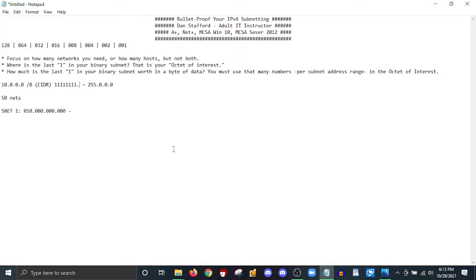So what we're going to do is add ones to the subnet mask one at a time. And every time I add another one to the subnet mask, it doubles the number of networks. Before I add a single one, I already have one network. So as soon as I add another one, it's going to double it and give me 2 networks.